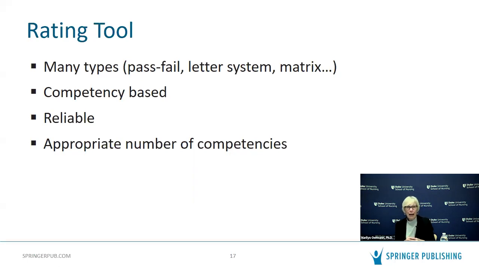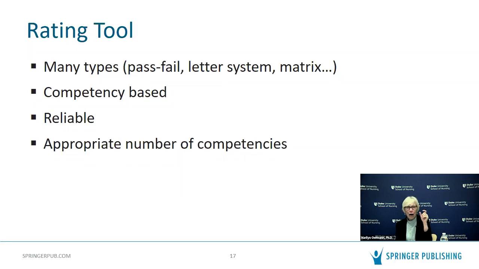I would recommend that your form be competency-based, that what you see on the list of competencies, the list of objectives, be specific competencies. And now if you use the essentials, they should come from the essentials document and or your course. Make it competency-based.